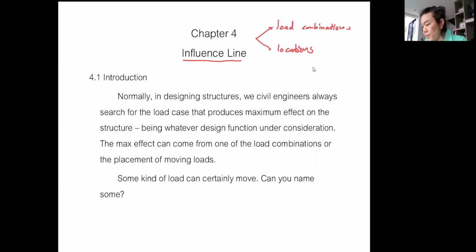Okay, because the load can change location, we have another analytical tool to help us figure out the maximum force on the structure, and that tool we call the influence line.